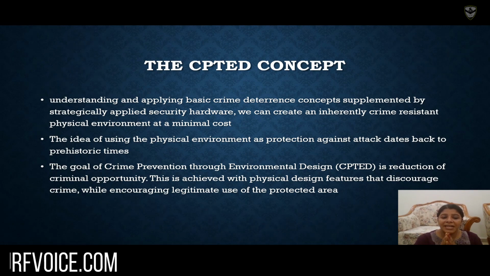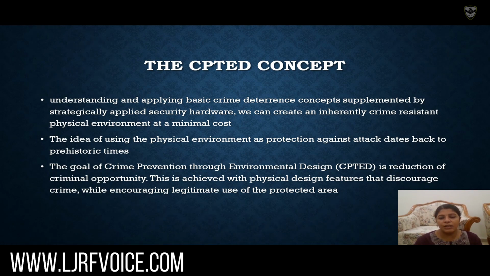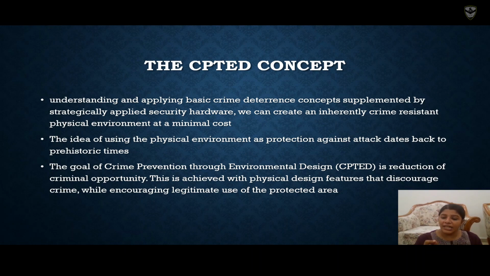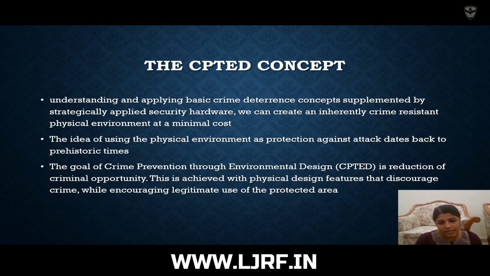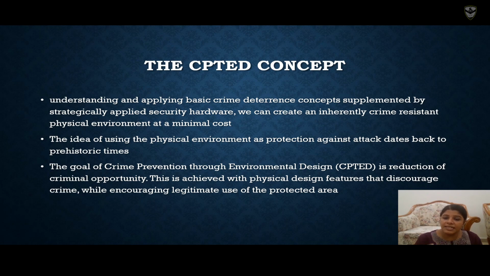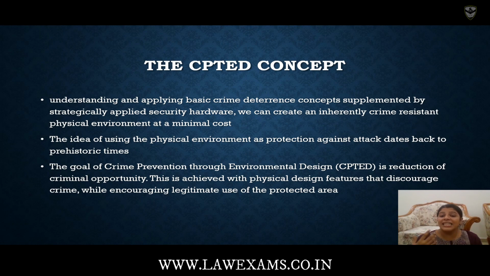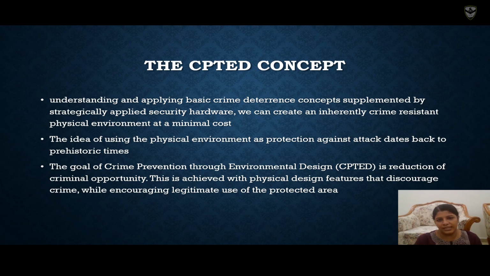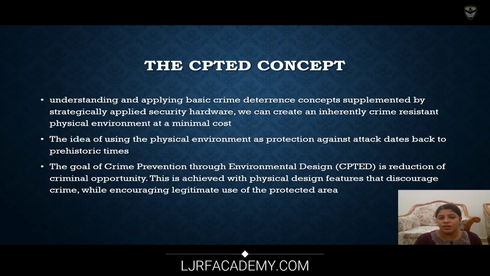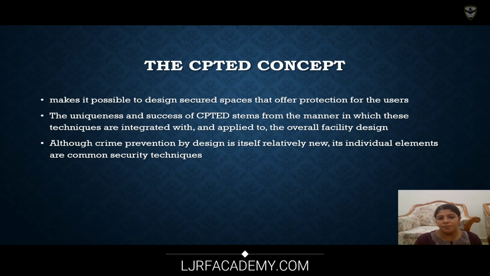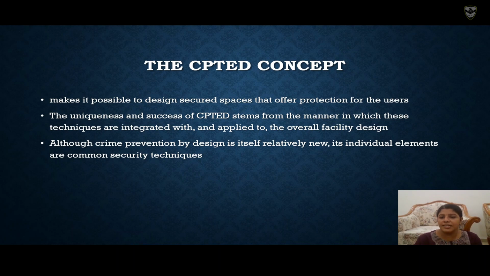The main goal of crime prevention through environmental design is to reduce criminal opportunity. How is this achieved? With physical design features that discourage crime while encouraging legitimate use of the protected area. This exactly is the concept of CPTED. It also makes it possible to design secured places that offer protection for the users.